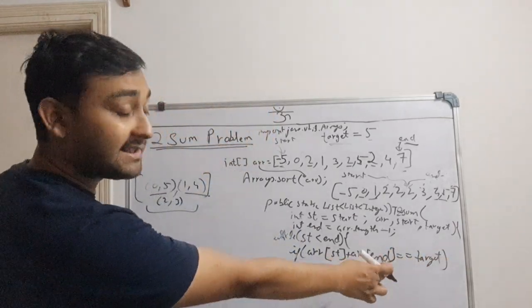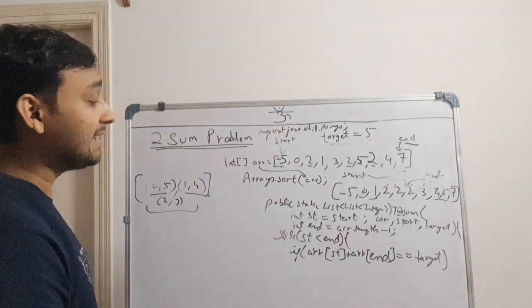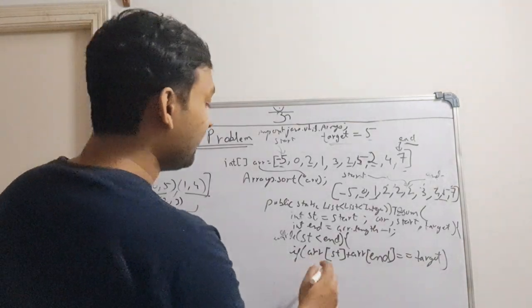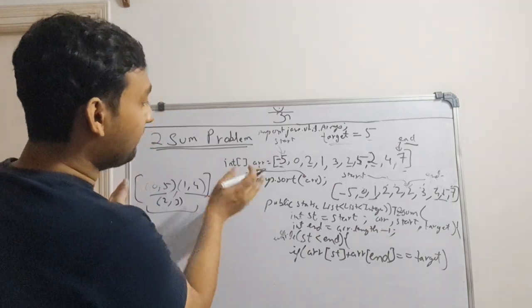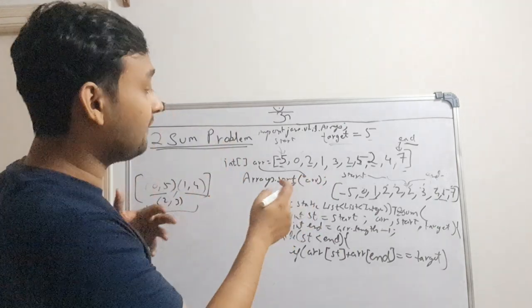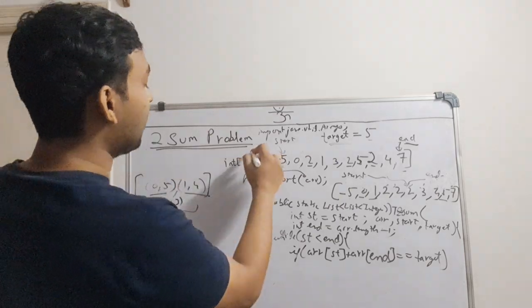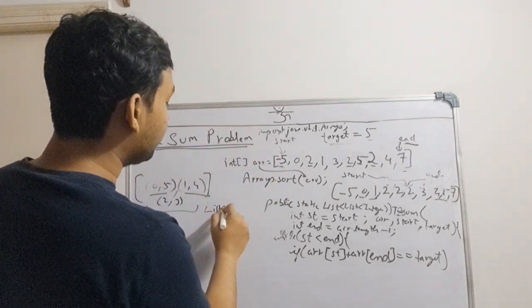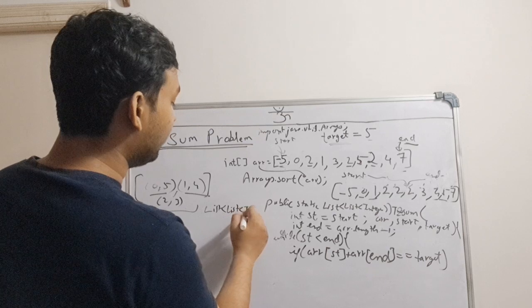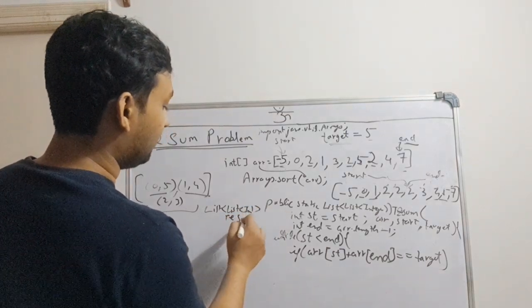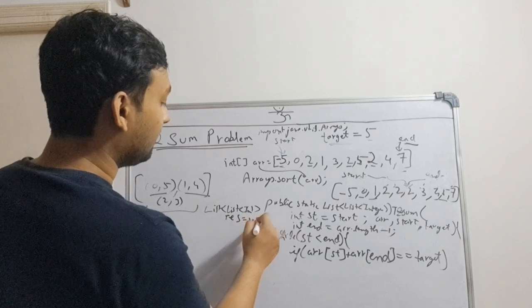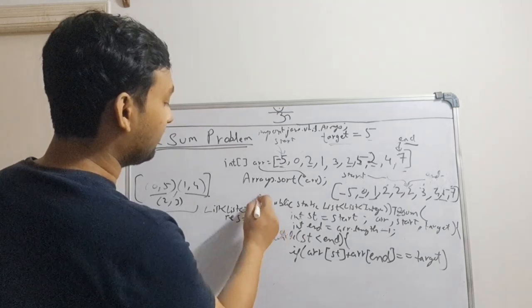If array at start plus array at end is equal to my target value, then what will happen? I will create one list over here. Before this I have already created a list of lists, a list of integer lists, and I can call it result, equal to new ArrayList. So here I have already created it.